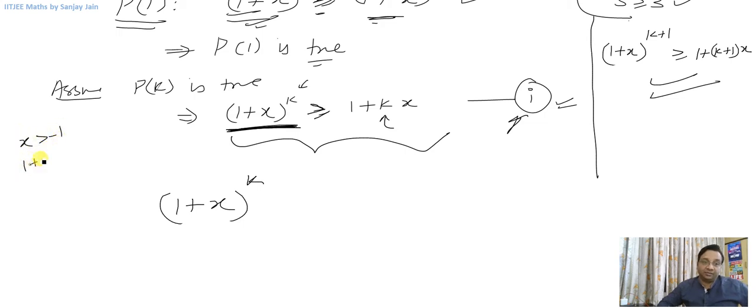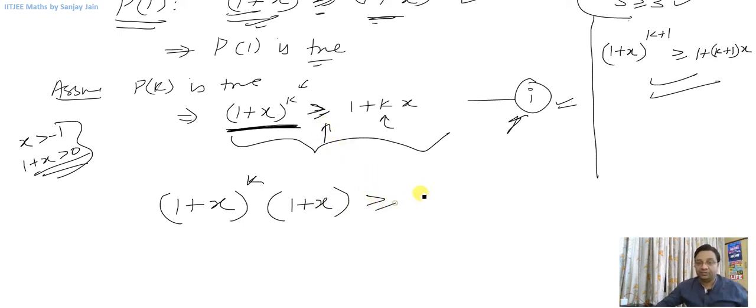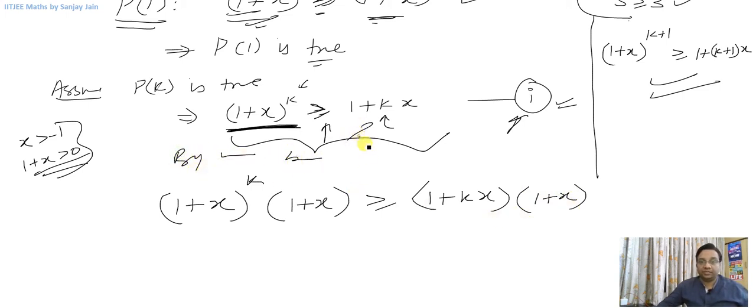So 1 plus x is something positive, and I can multiply both sides of an inequality by something positive without changing the inequality. So I can write this by multiplying both sides of this inequality by 1 plus x.